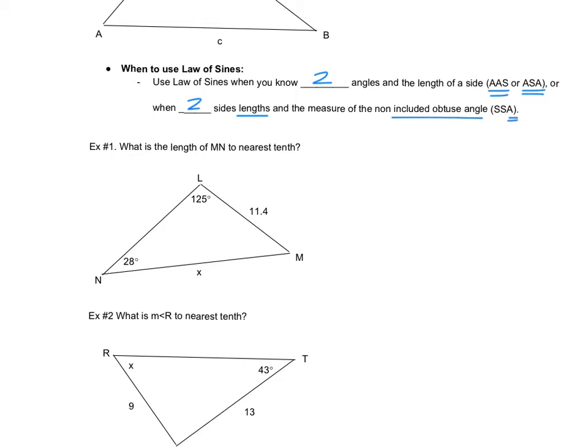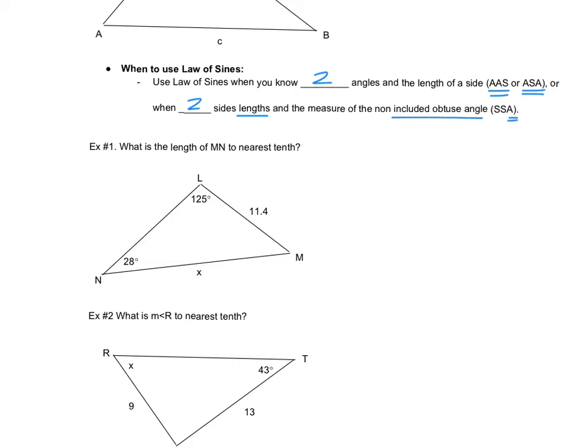Yes, I do. If you have that, with just one unknown, you may use the law of sines. So you can think of it either of those ways, AAS, ASA, or SSA, right? This would be angle, angle, side that we have. Or you can just think of it, do I have the angle and the side across from it, and an angle and the side across from it? That's how I like to do it.